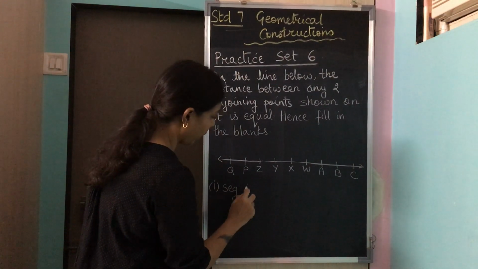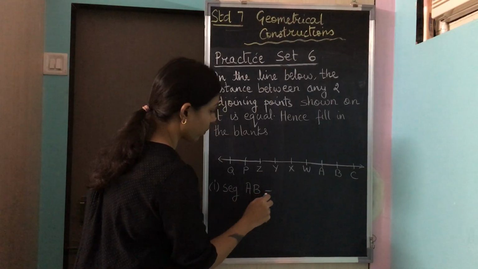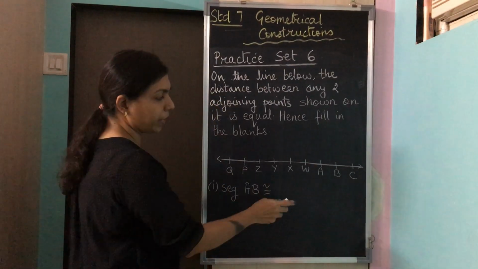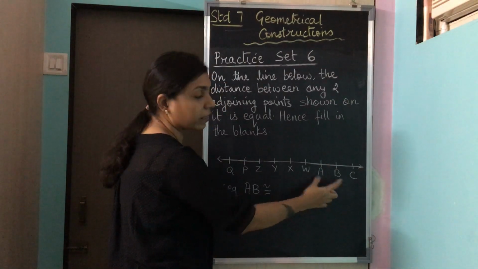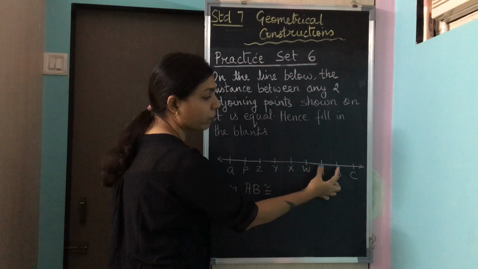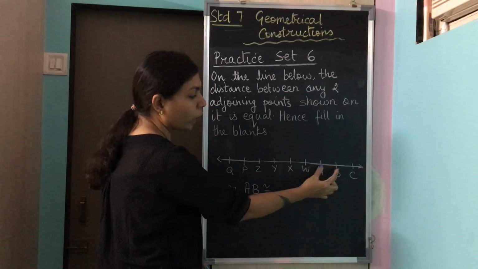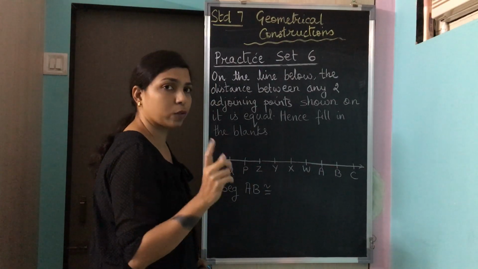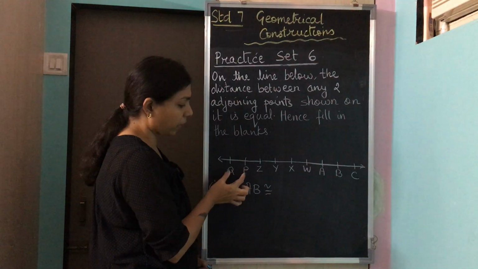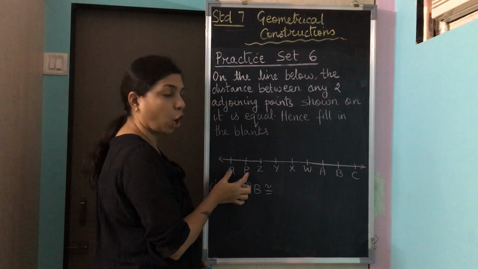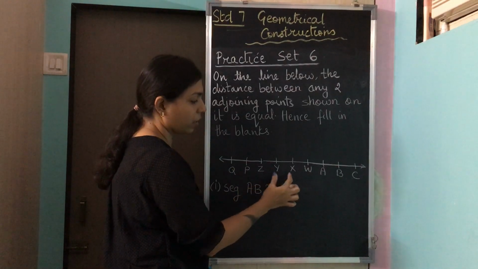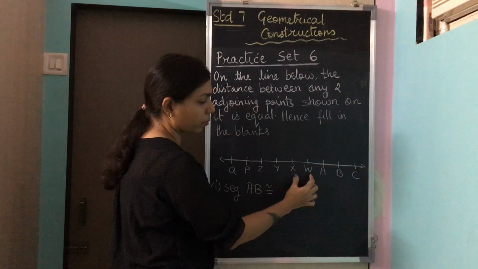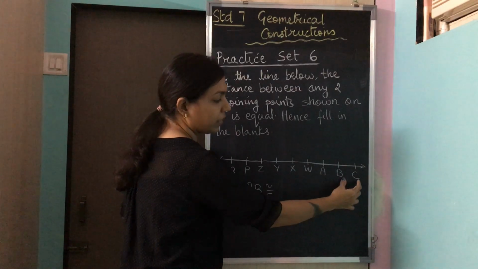The first one which is given over there, segment AB. Segment AB is this much, which means it is 1 unit, it is made up of one part. So which other segment is also made up of one part? We can say segment QP, or segment PZ, or segment ZY, YX, XW, WA, BC.